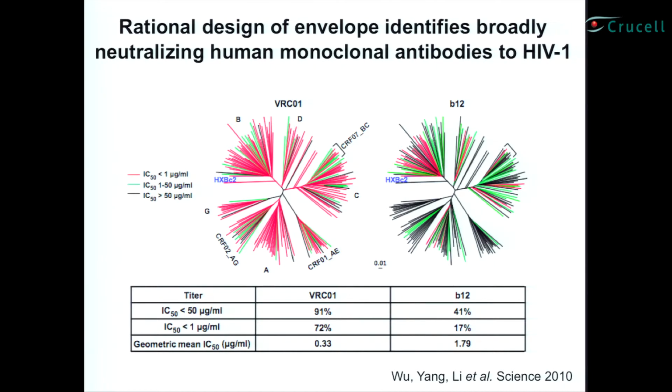And so that molecule that was resurfaced that I designed was used as a probe for B cells, and they pulled out this antibody VRC01 that binds to the CD4 binding site just like B12 does, only it's far more potent and far more broad than B12. So it was kind of a nifty side benefit that structure-based design assisted in pulling out this new antibody, and now this new antibody can be used as a template for further structure-based design of hopefully a vaccine.